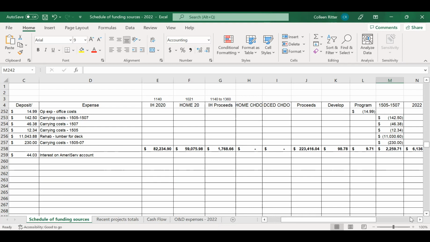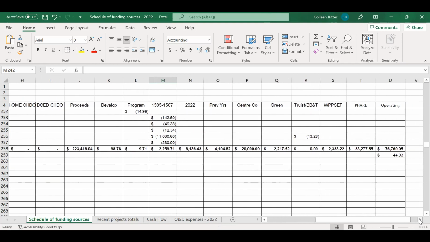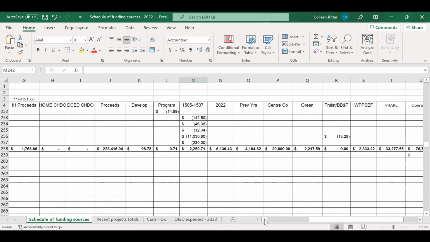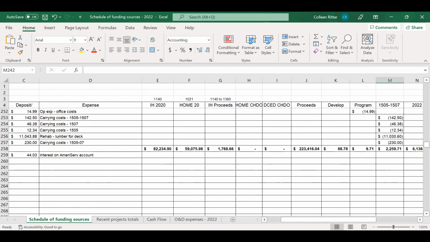So that was the end of my list of what I wanted to go over. I don't know if you want to look at the budget, the board of directors report. That's the one we see every month. Every fall we work on the following year's budget.